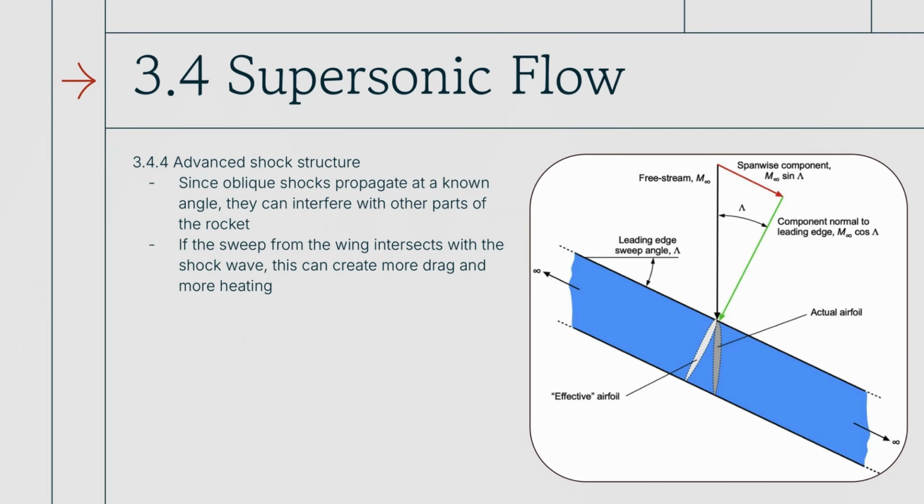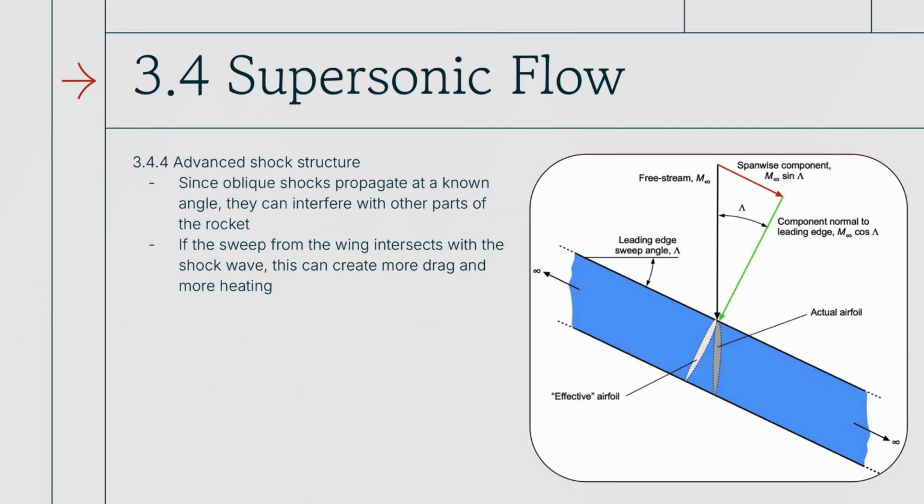What you get is a slower component of your free stream velocity going over the wing, and that's actually generating lift. Quite complicated, but all it's saying is that if you sweep your wings or your fins backwards, you can make sure that less of that shock structure is going to interfere with the wing itself.